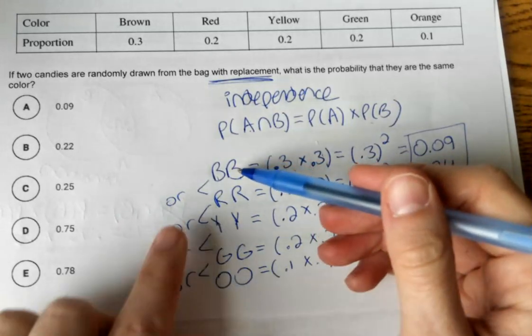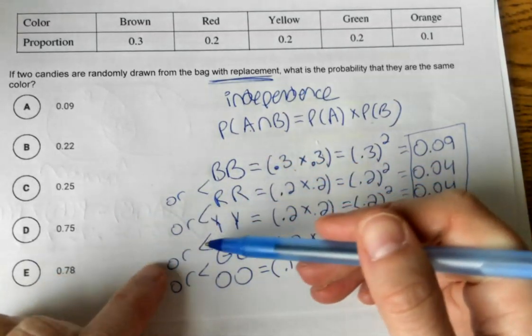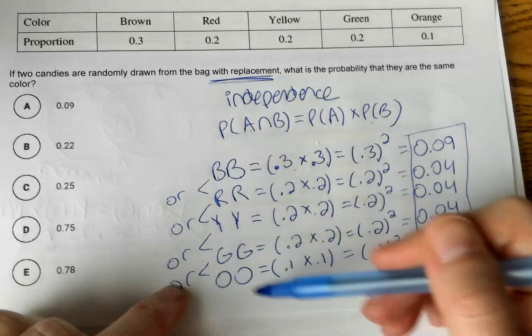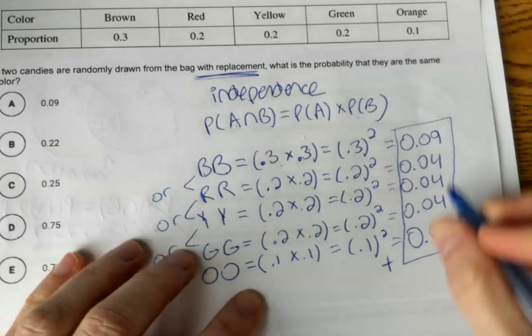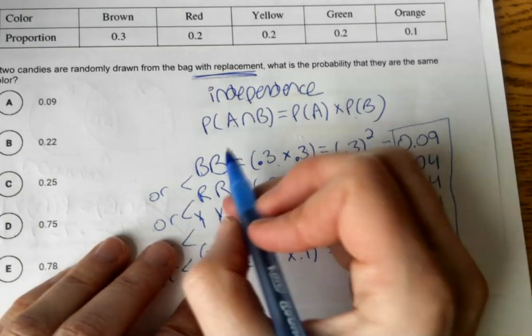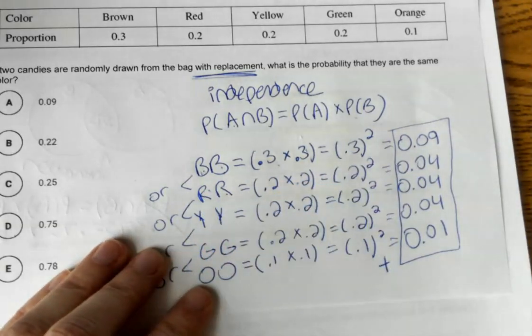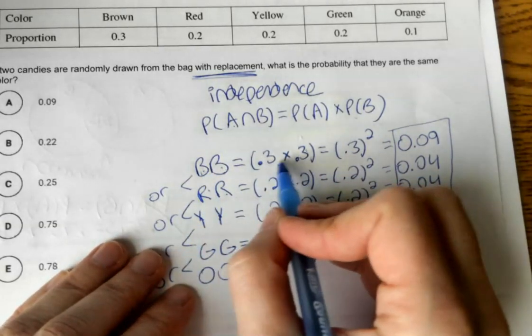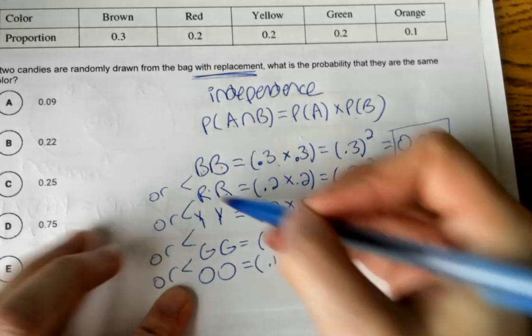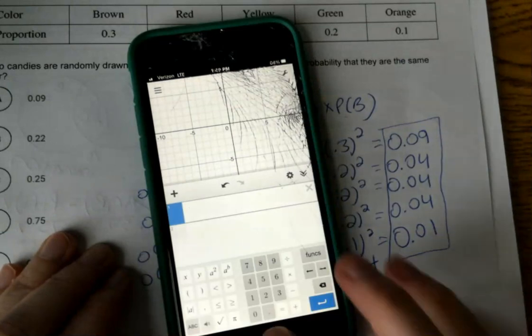So I could pull blue and blue, or I could pull red and red, or I could pull yellow and yellow, or I could pull green and green, or I could pull orange and orange. That's why I'm adding them up all together here. I had to multiply because my situation was blue and blue, red and red. So you see where the and comes into play with the multiplication, and then adding them up comes into play with the or. So let me go ahead and add these up.